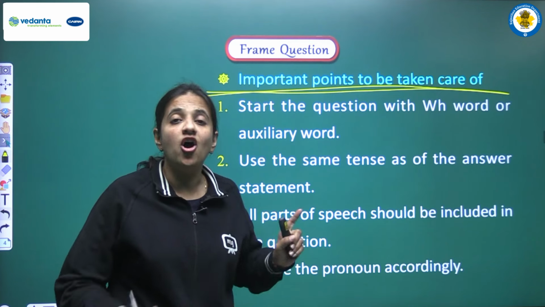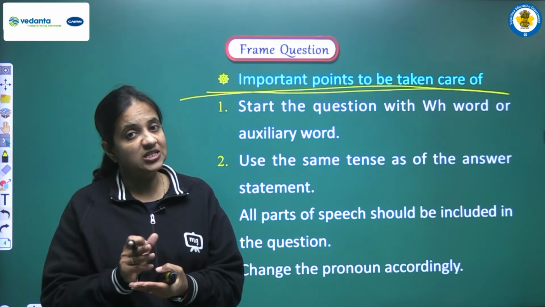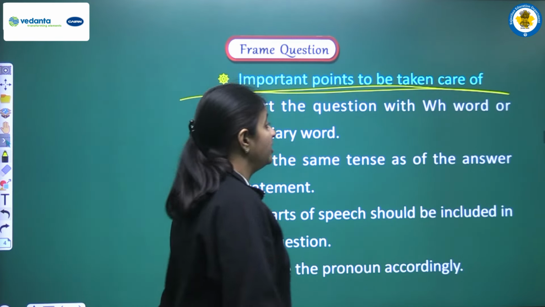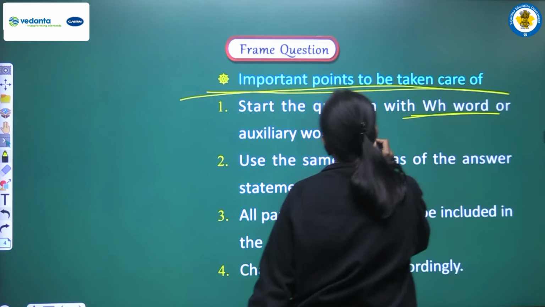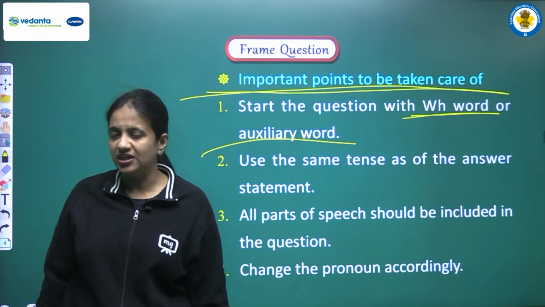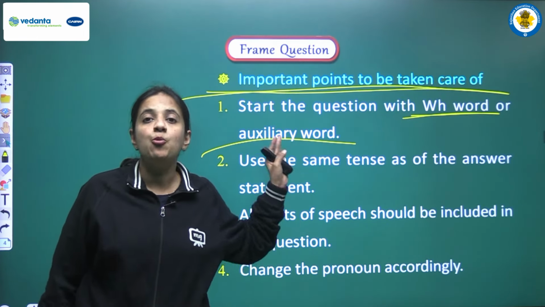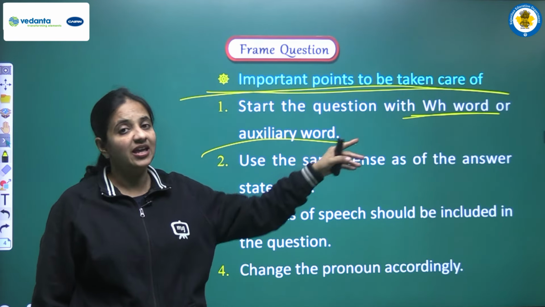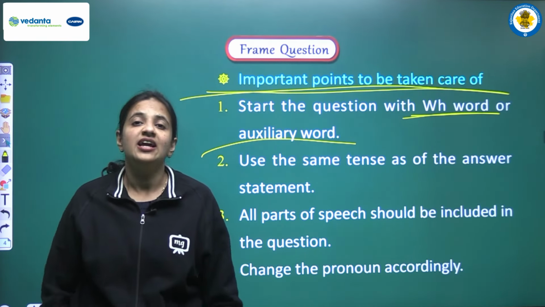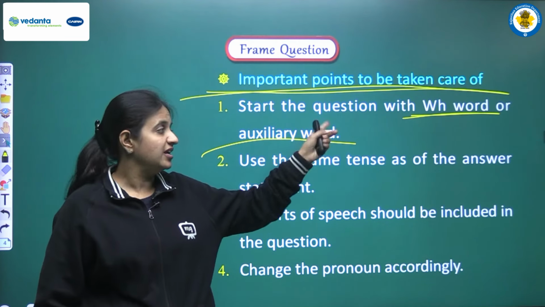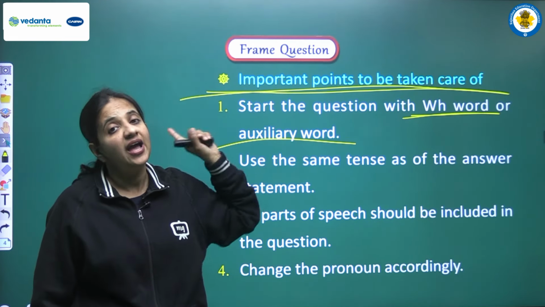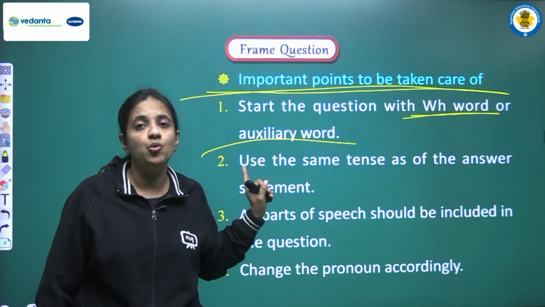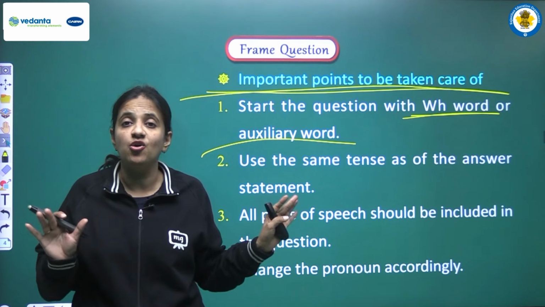Always and always the first word of the question will be either any WH word or any auxiliary word, or we can say auxiliary verb also. These are the two options that we are having. We can have any WH word, and we can have any auxiliary verb in the beginning of our question.